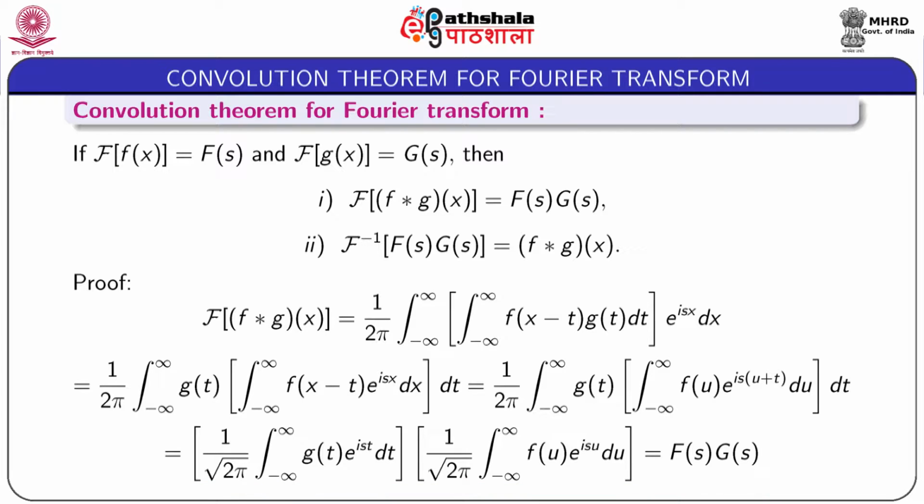So, the first integral is Fourier transform of small g(t) and the second integral is Fourier transform of small f(u). So, we can write Fourier transform of f star g as capital Fs into capital Gs. So, the first part is proved. Similarly, we can prove the second part, that is Fourier inverse transform of capital Fs into Gs will give back the convolution of small f and g.